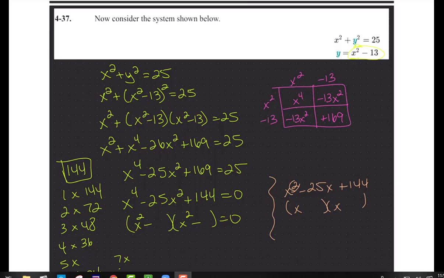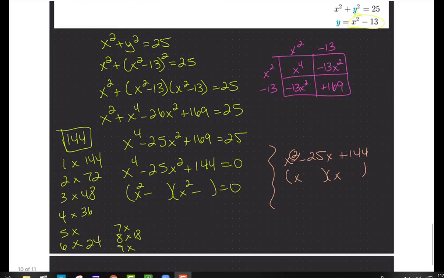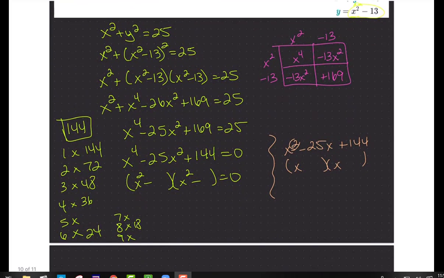24, 5, 7. No, well, that don't work then. What about 8? Does 8 work? 18. Is that gonna get us to 25? No, but really close. What about 9? Does 9 work? Yes, 16. Does that get us to 25? I'm confused.